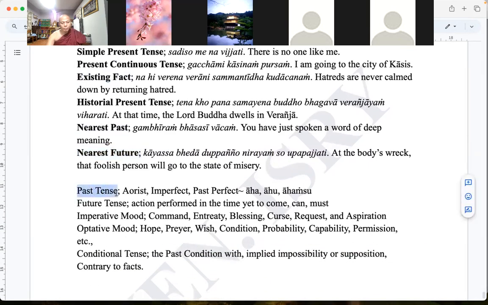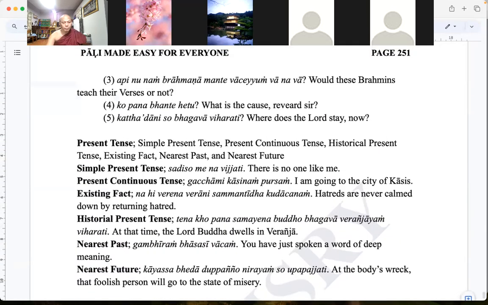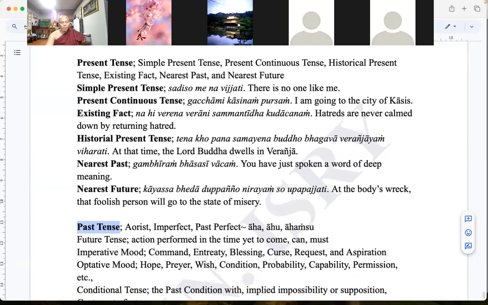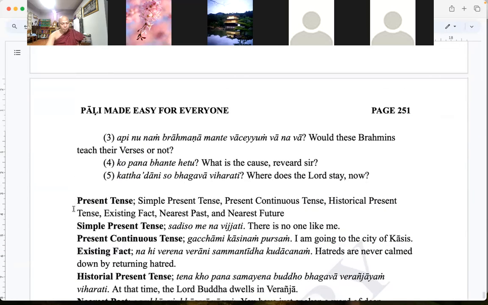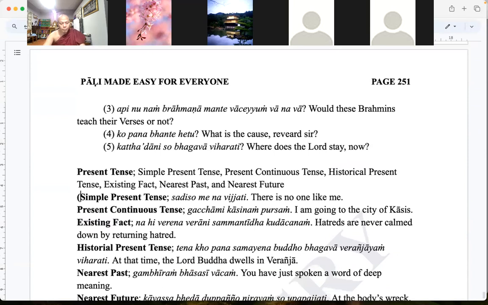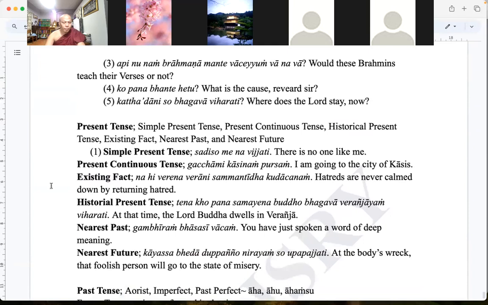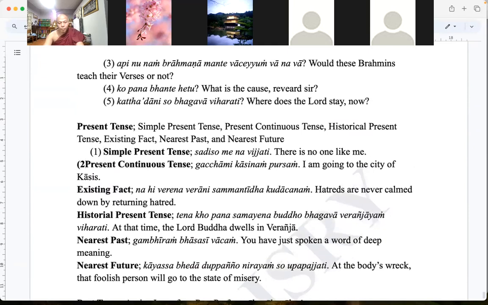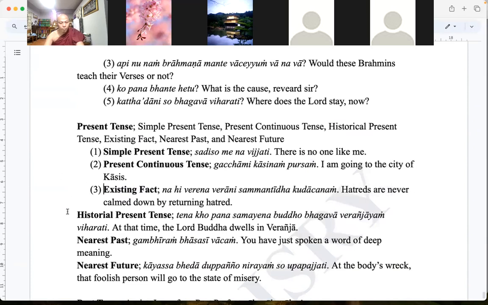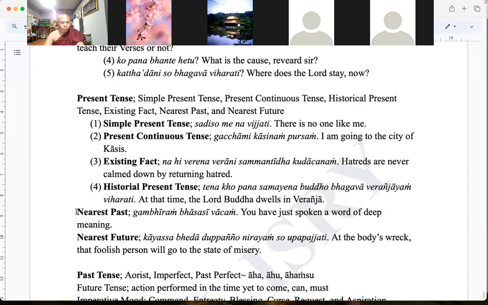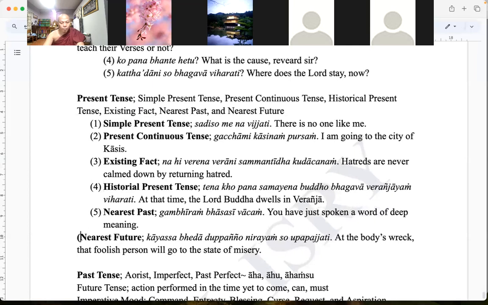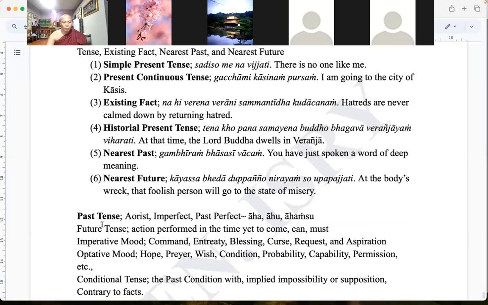And the past tense. So past tense is aorist, imperfect, and past perfect.